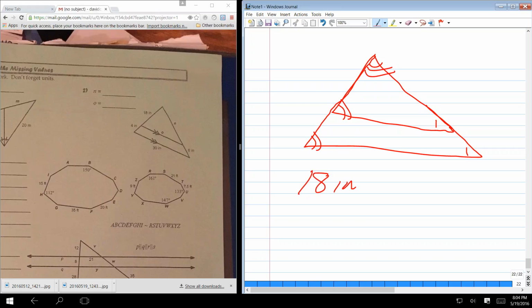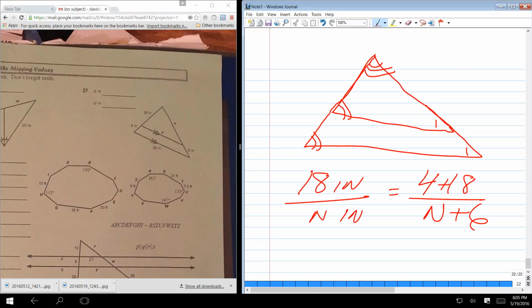So 18 inches over n inches equals 4, hold on a minute. It's actually equal to 4 plus 18 over n plus 6.